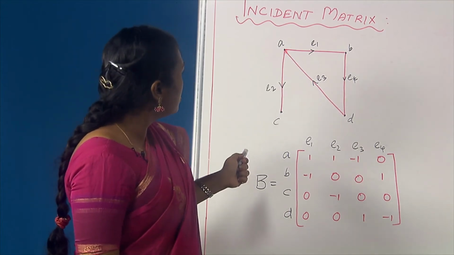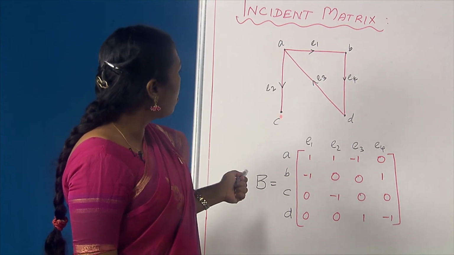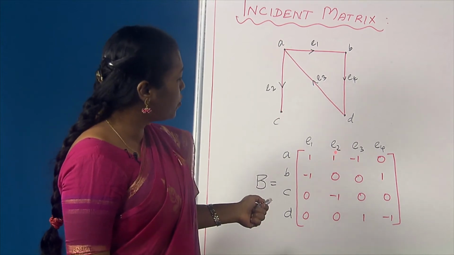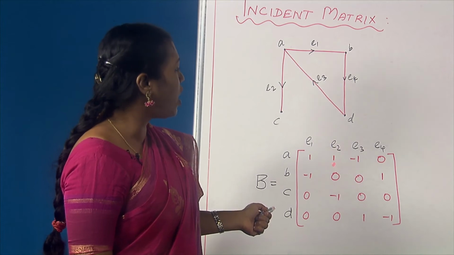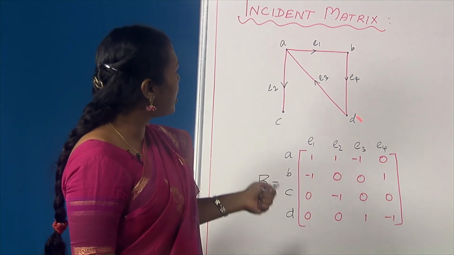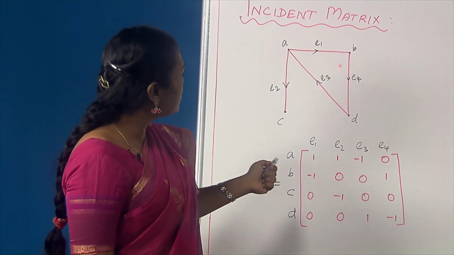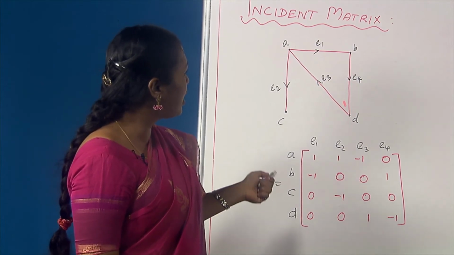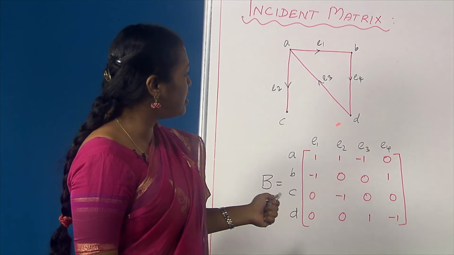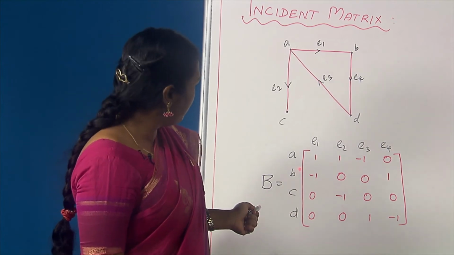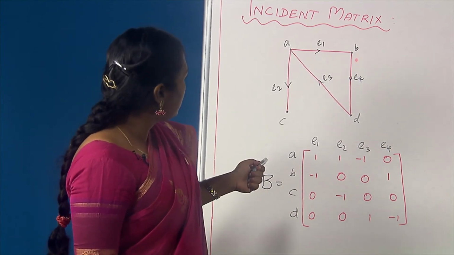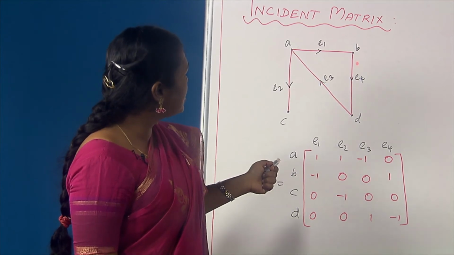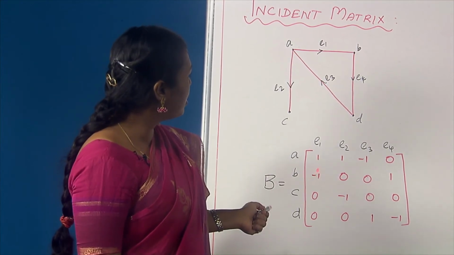Then E2 is also going outside of A into C, and therefore it is marked as 1. From A to E4, there is no connection, and therefore you can mark it as 0. For B, you have E1 which is coming inside B, therefore minus 1.